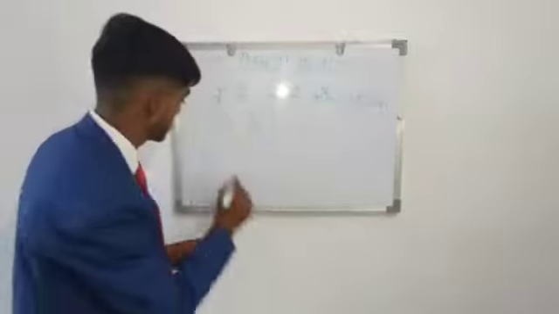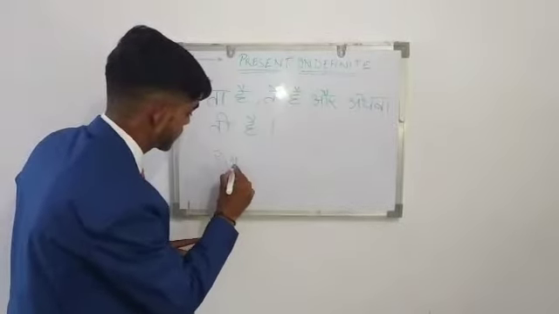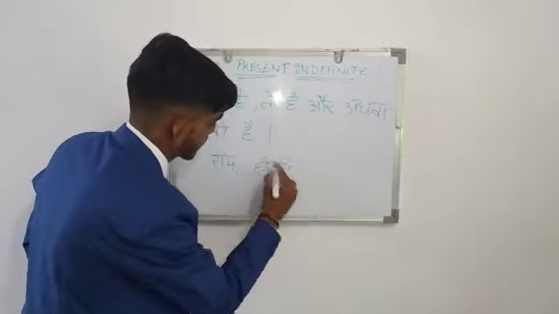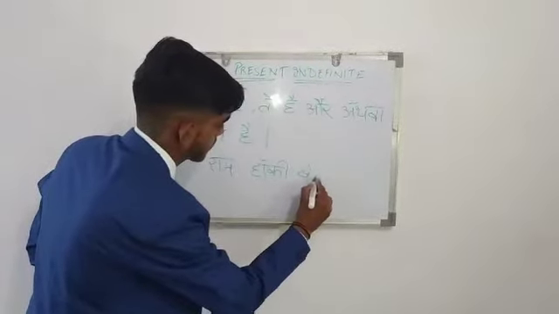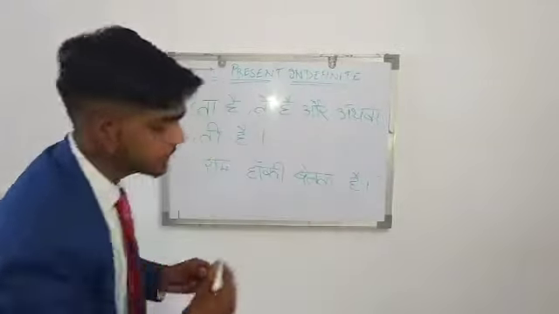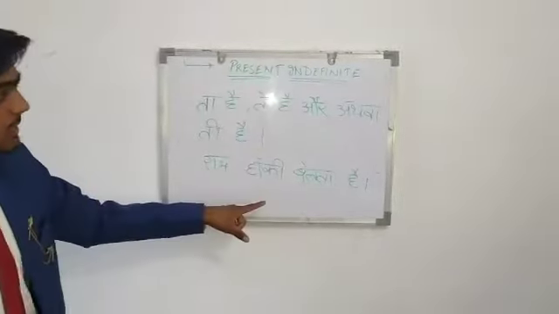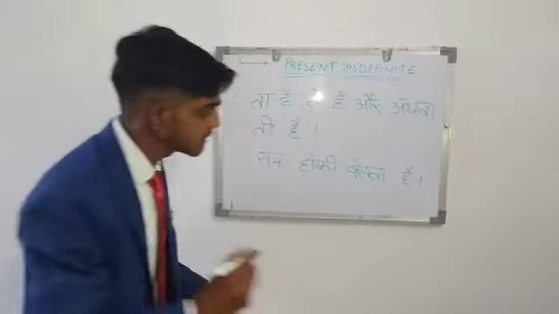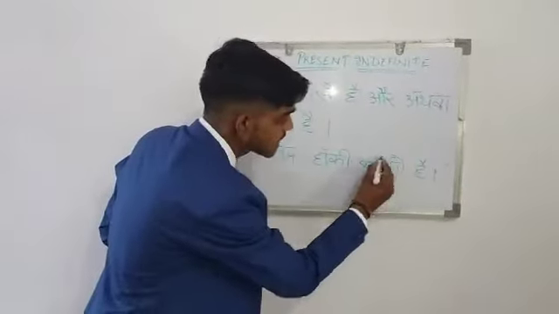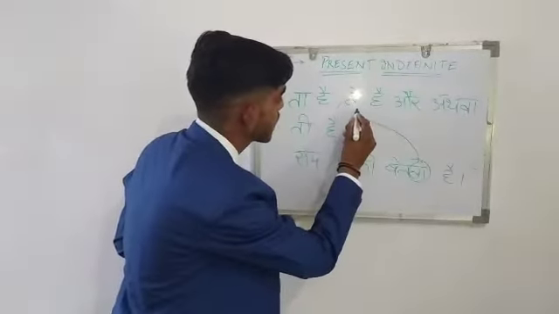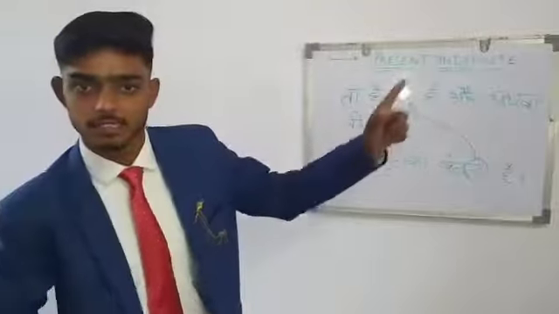For example, Ram hockey खेलता. So here we identify that this tense belongs to present indefinite tense, just because the end word is ta, hai, which means that this belongs to the rule and identification of present indefinite tense.